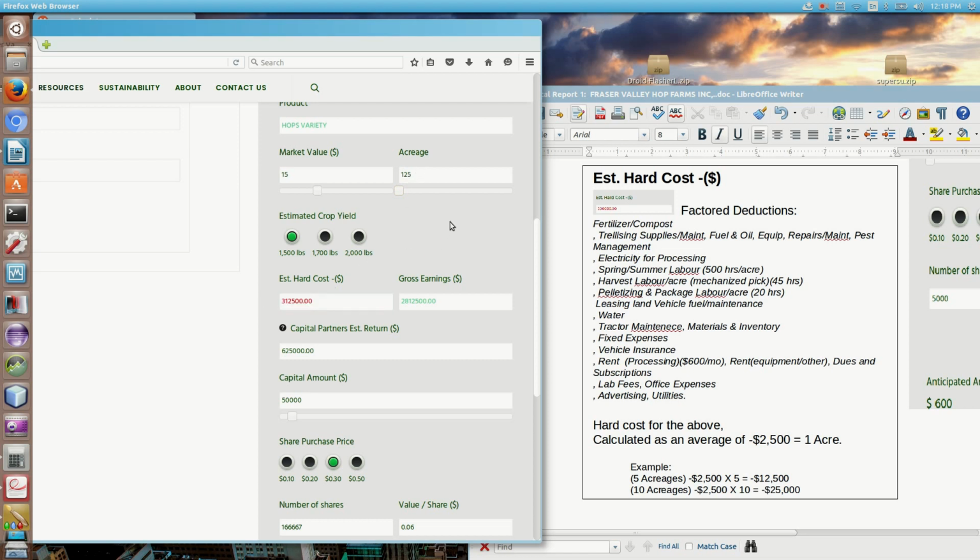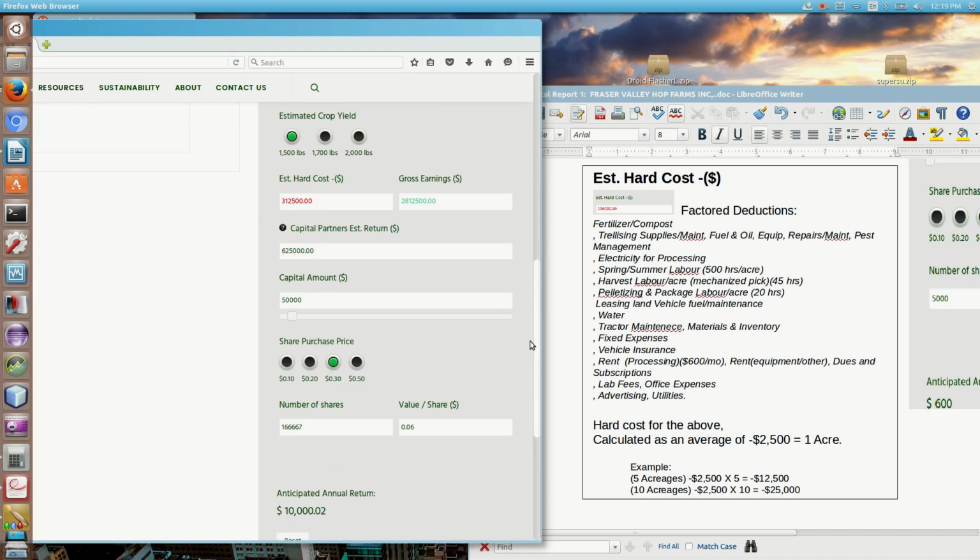What I'd like to mention is that the setup cost per acre is $15,000 per acre, and that is for the first year only. That includes putting the stakes in the ground, putting the plants where they need to be, setting up the irrigation, everything. All the setup is done for the $15,000 per acre. And then the maintaining cost is over here at the 2,500.